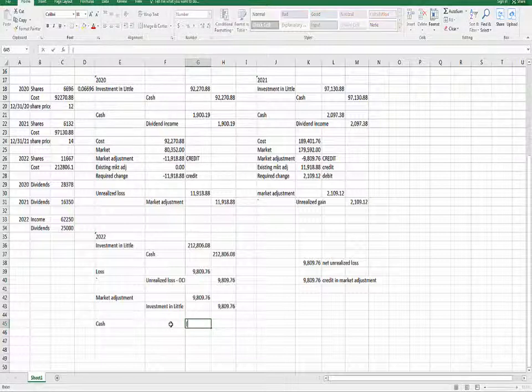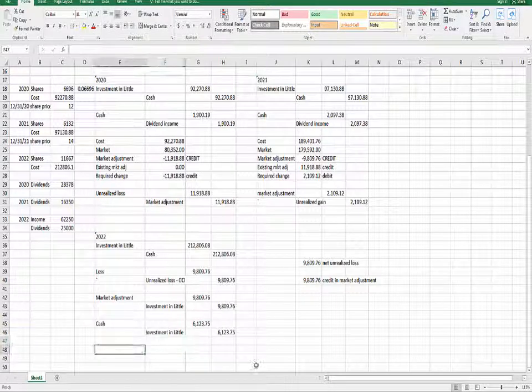How much cash are we going to get the third year? Well, now we own that plus that plus that. We own about 25% of the company's stock. And so we're going to get that share of their 2022 dividends. And so that's going to reduce our investment a little.